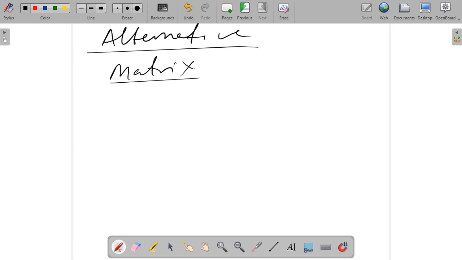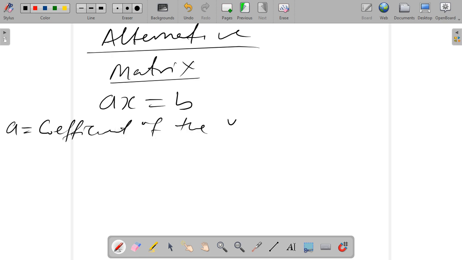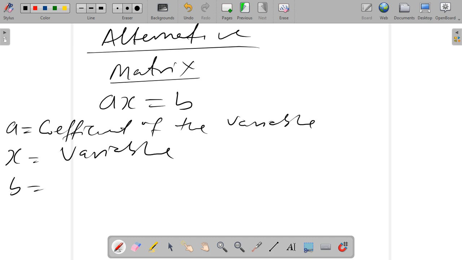And remember, for a system of linear equations, we always have that Ax is equal to B. If you want to solve a system of linear equations using matrix, you have Ax is equal to B, where your A here is the coefficient of the variable, and then your x is the variable itself, then your B is the right hand side constant.